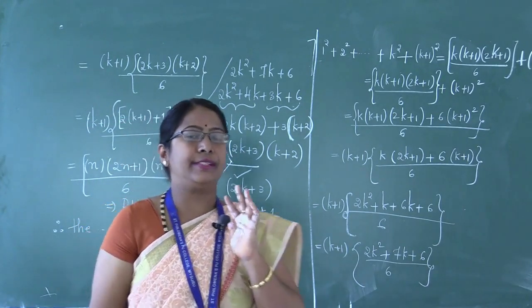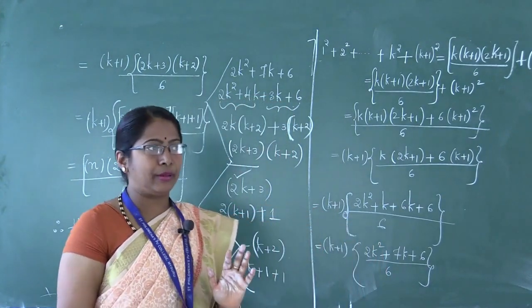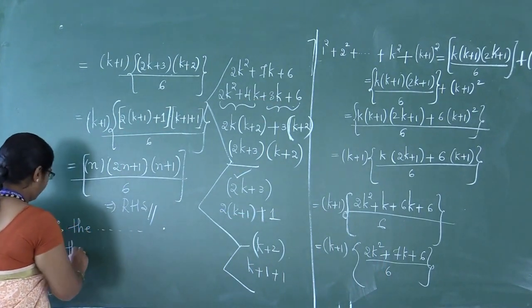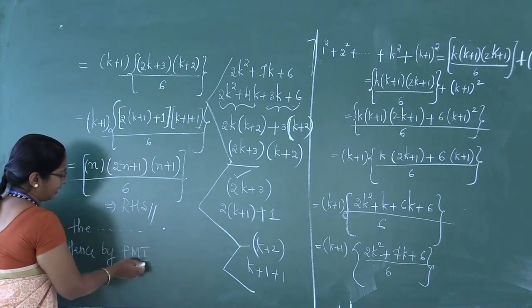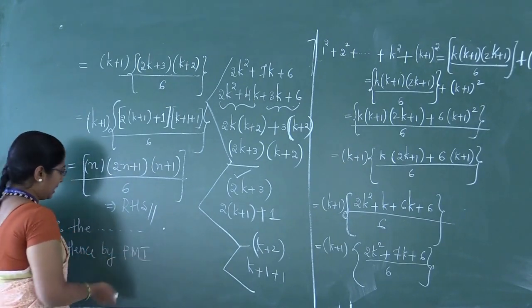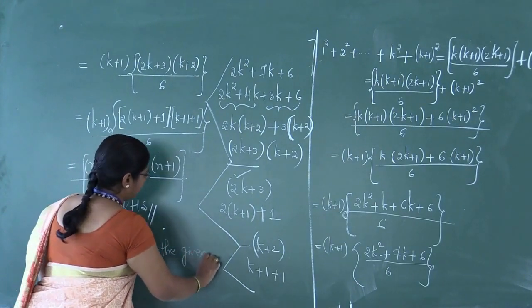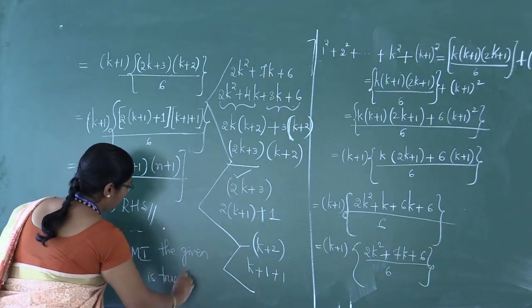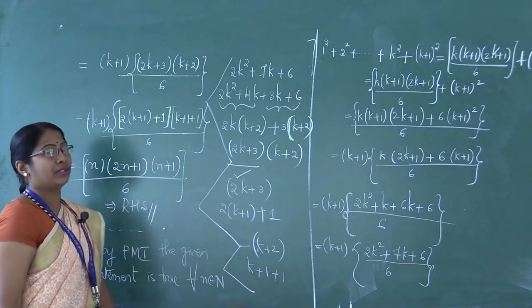Therefore, the given statement is true for n equal to k plus 1, and the final conclusion of the problem will be: hence by the principle of mathematical induction, you can write PMI, hence by the principle of mathematical induction, the given statement is true for all n belongs to N, where n is a positive integer.